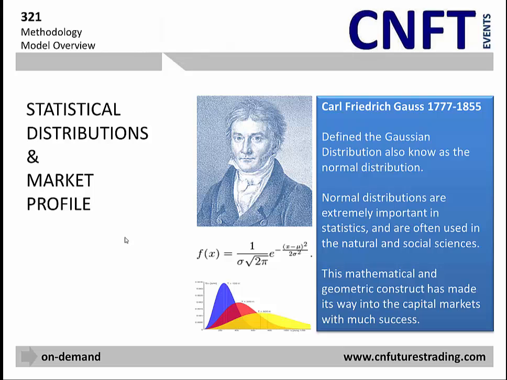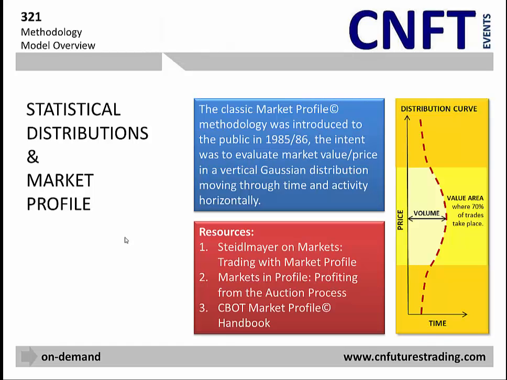This mathematical and geometric construct, the market profile, has made its way into the capital markets with much success. The classic market profile methodology was introduced to the public in 1985-86. The intent was to evaluate market value and price in a vertical Gaussian distribution moving through time.